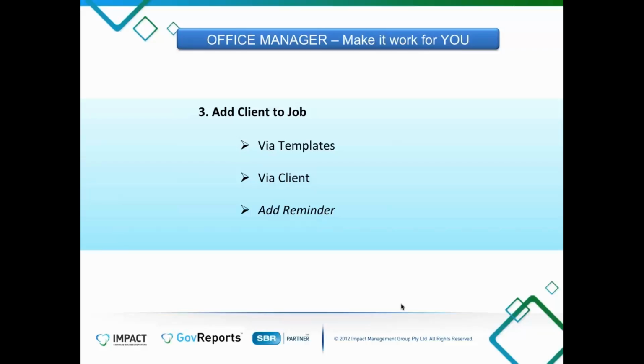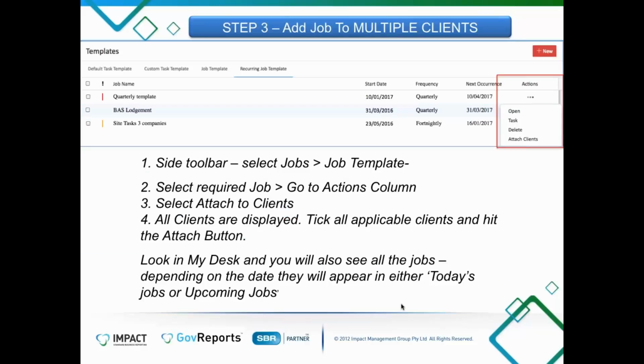All right, so adding the client to the job. Basically, you can add it to multiple clients. At the moment, we're doing our BAS for December quarter, but say you wanted to plan March's quarter. You could come in here and do your BAS lodgement, and select attach clients.